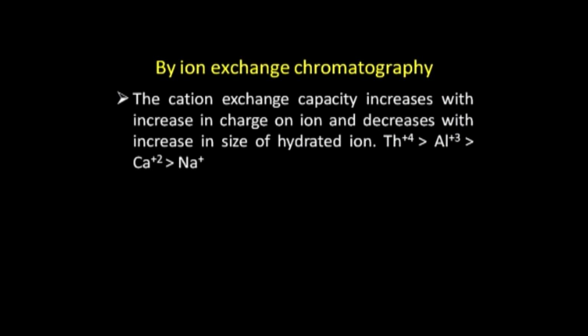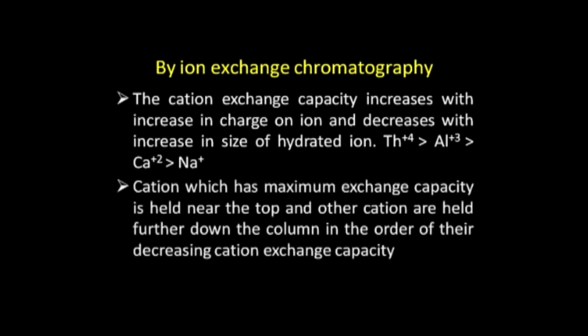Thus, thorium in the +4 oxidation state has a better capacity as compared to aluminum, calcium and sodium. The cation which has maximum exchange capacity is held near the top, and other cations are held further down the column in order of their decreasing cation exchange capacity. So, such a separation is available in the column.